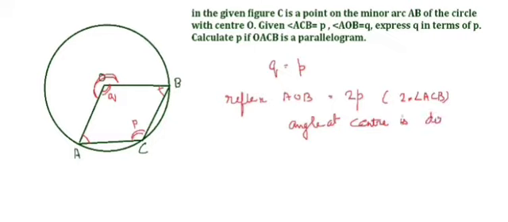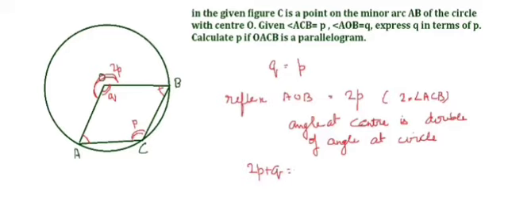is double of angle at circle. So this can be written as 2P.